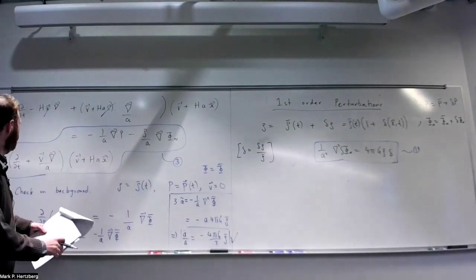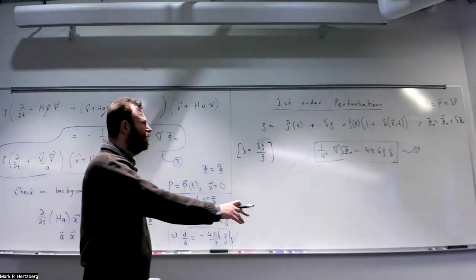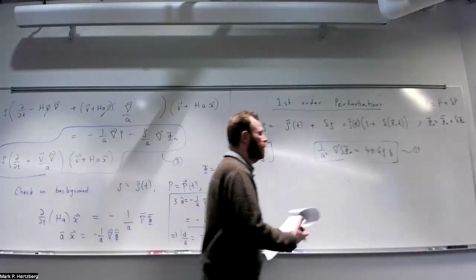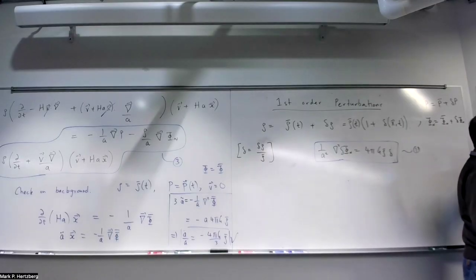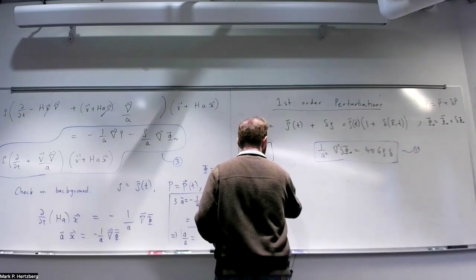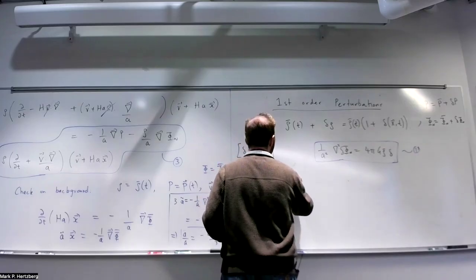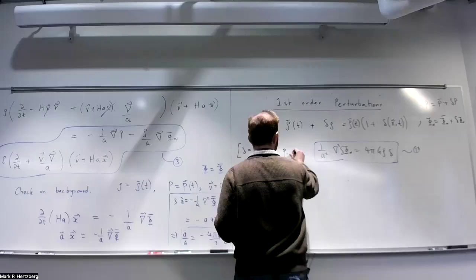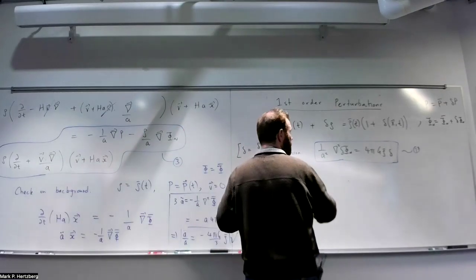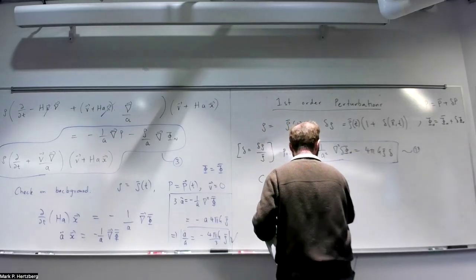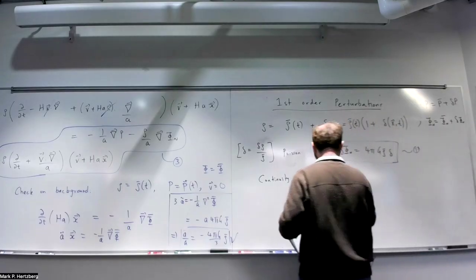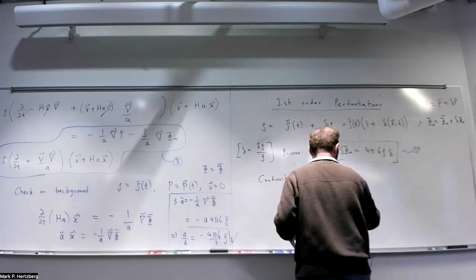All right, and next we want to do continuity. Did I delete the continuity equation? No, I didn't. It's up here. We want to write down this thing to first order. So first of all, I'm going to write d/dt, and I just want the first order perturbation, which we're writing as rho bar times delta.